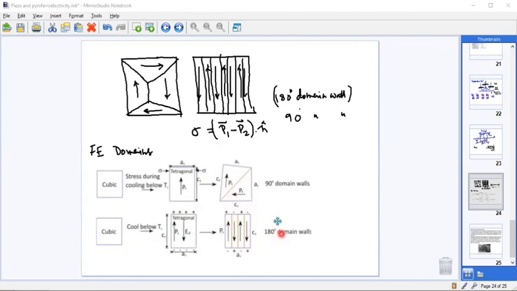Both 180 degree and 90 degree domains minimize the energy associated with the depolarizing field, but elastic energy is minimized only by the formation of 90 degree domains. The combination of both effects leads to a complex domain structure in the material with both 90 degree and 180 degree domain walls. So the next question is, why is there a domain wall?